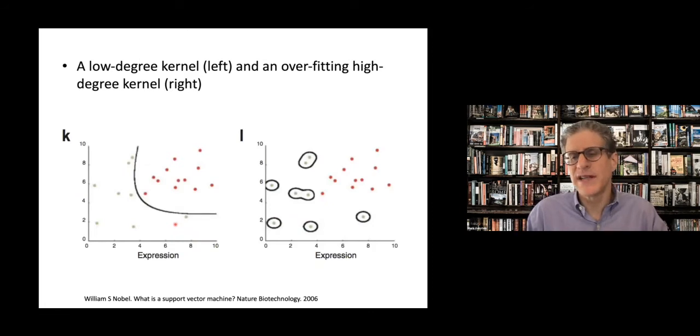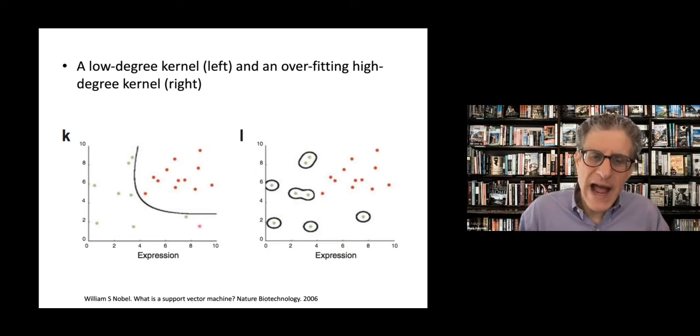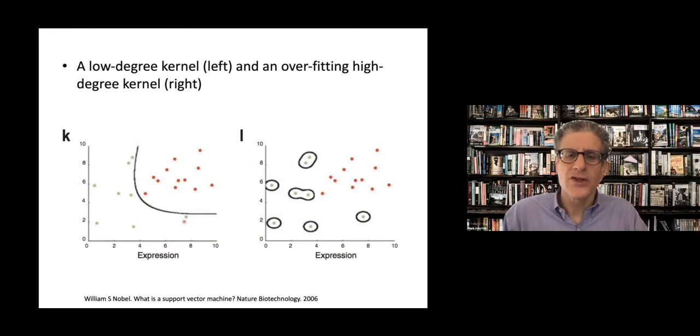Now, of course, the same issue of overfitting comes about with support vector machines as with any other type of machine learning approach. When you take the decision boundary that you create in the high dimensional space and project it back into the low dimensional space, what you essentially get is a curve. What was a straight line in your high dimensional space becomes some complicated curve when you come back to your low dimensional space.